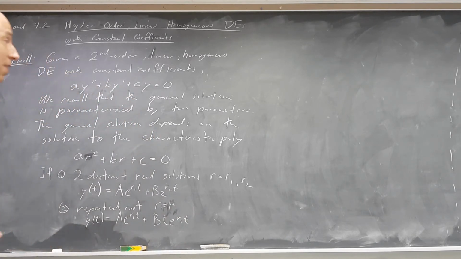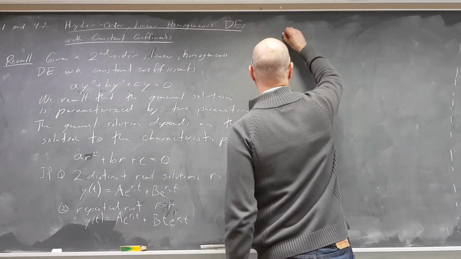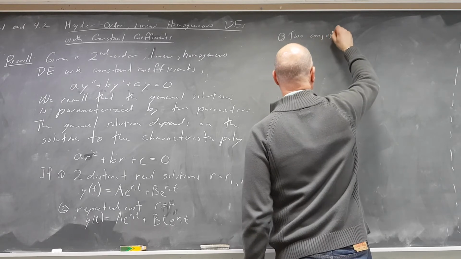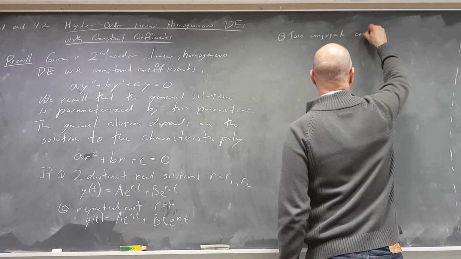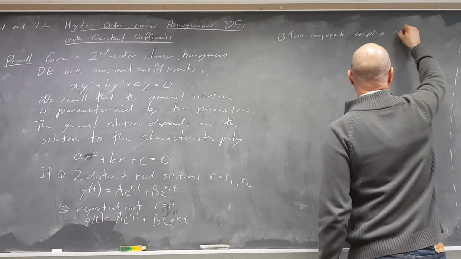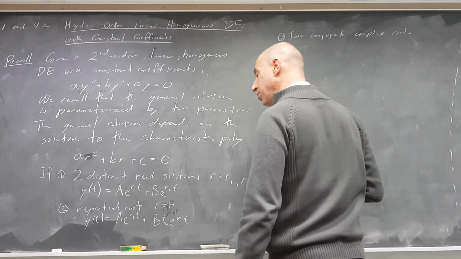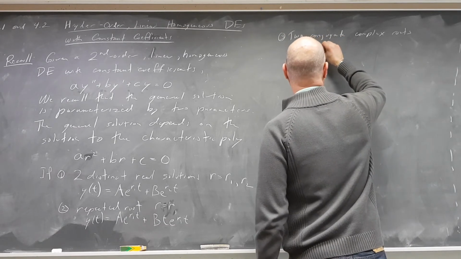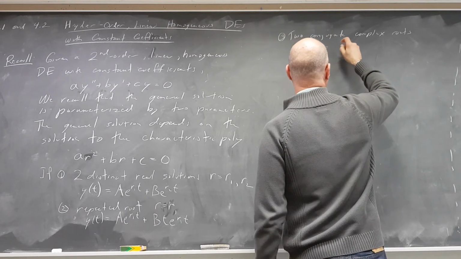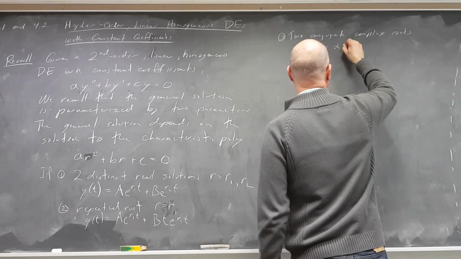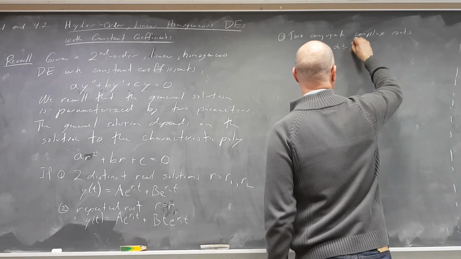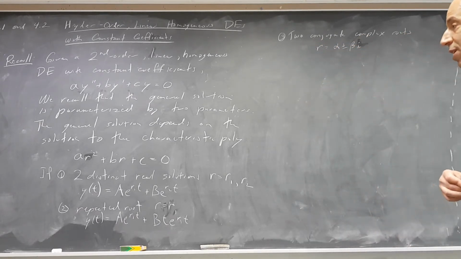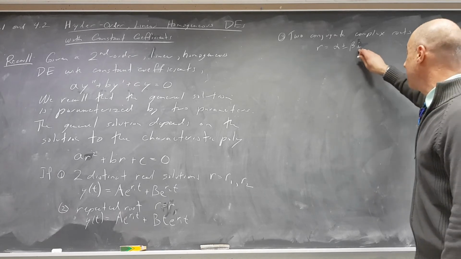And of course, if we have complex roots, we have two complex roots. So let's say r equals alpha plus or minus beta times i when we solve the characteristic polynomial, two complex roots, because they have this i there.